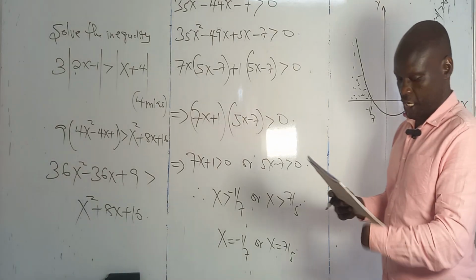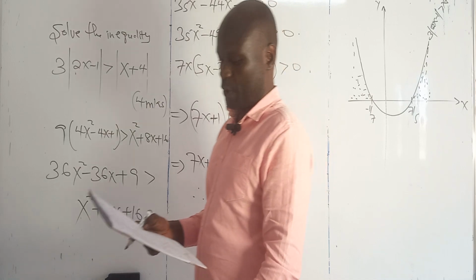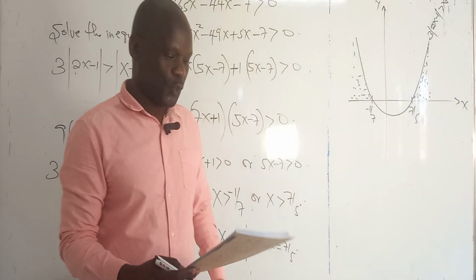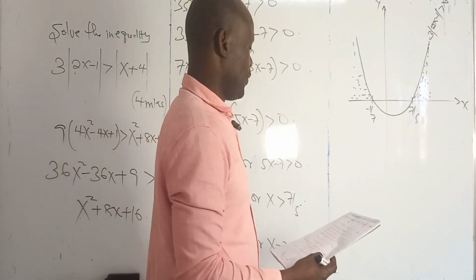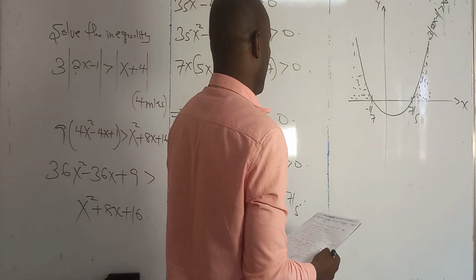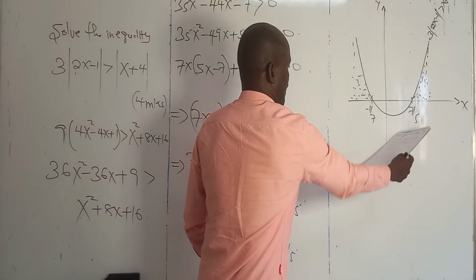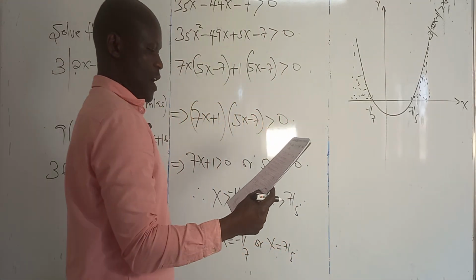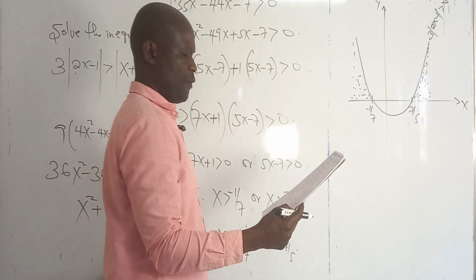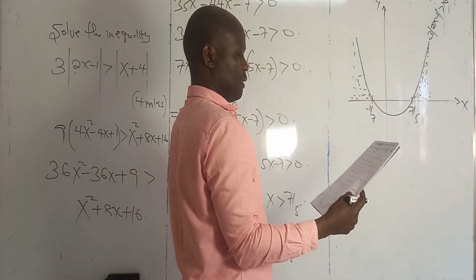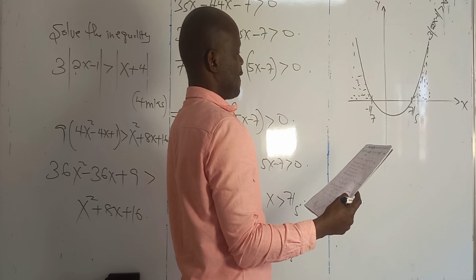And so what we say is, because the whole function is greater than 0, the portion above the x-axis will be considered. And how then do we define that portion above the x-axis?